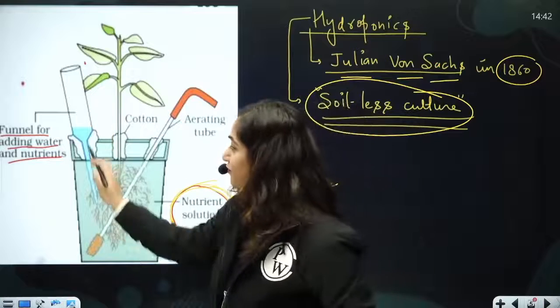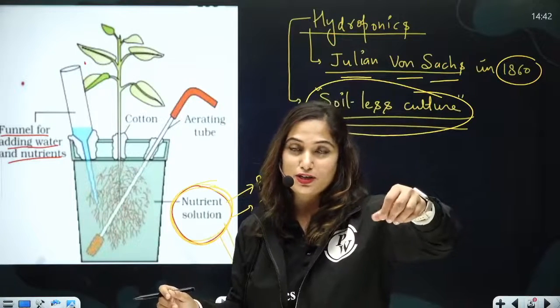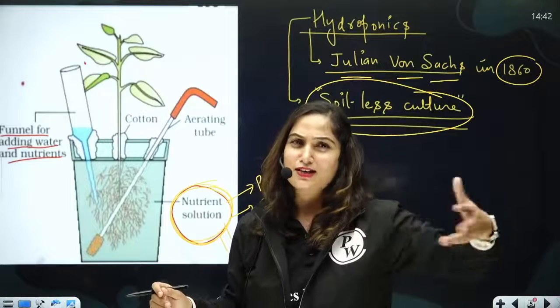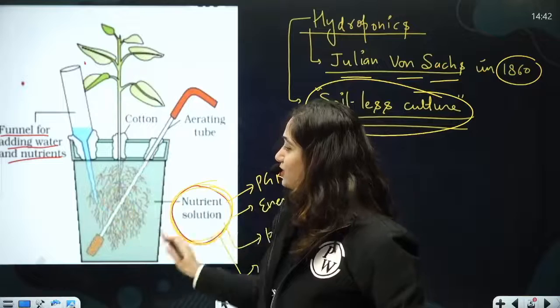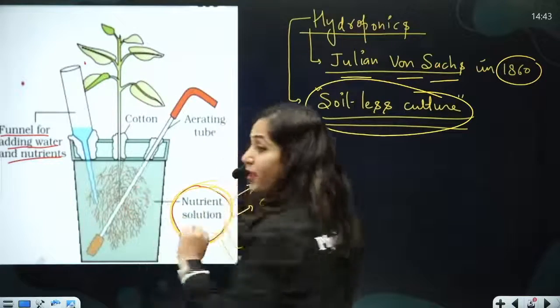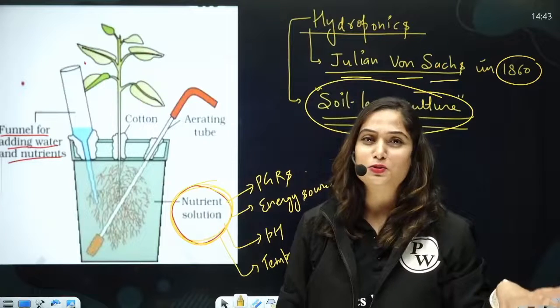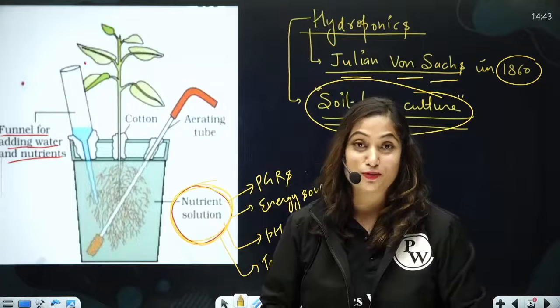And this is a funnel here. With the help of this funnel, we will add nutrients to the medium at regular intervals, right? And this is the plant growing in the soil-less culture. So this is a hydroponics setup where we are growing a plant in a nutrient medium and not in soil, providing all the conditions needed for the growth of the plant.